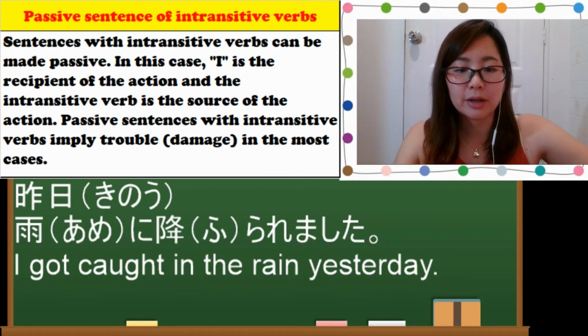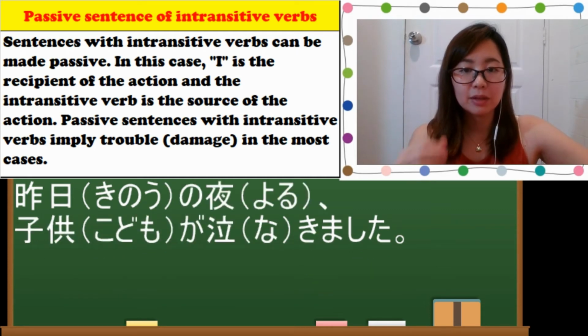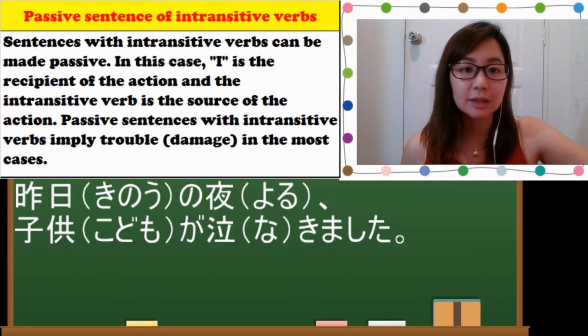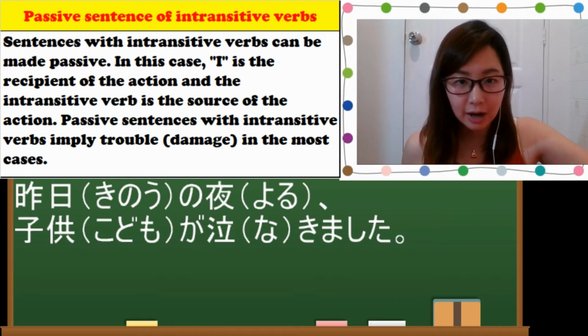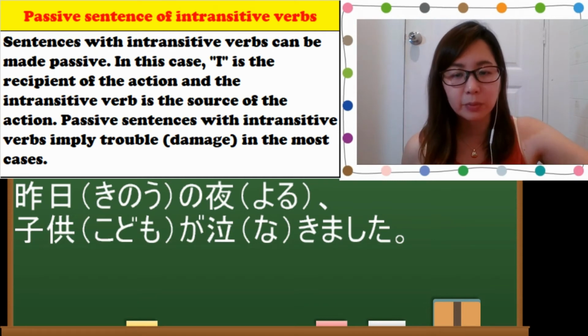Let's look at another example. 昨日の夜、子供が泣きました。Yesterday night, the kid cried. 泣きます is to cry. And there is no transitive verb. We only use it as intransitive.